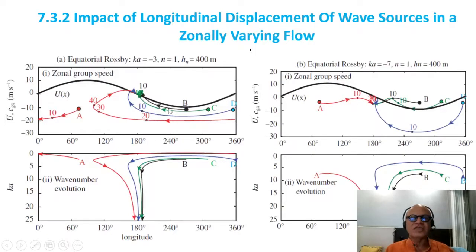Okay, so you're going to get stretched, and then you're going to hit the direction of stretching, which is going to change direction. So when you hit 0 here, you are immediately going to hit westerly flow with westward group velocity. So you are going to get trapped, and you're going to accumulate energy.